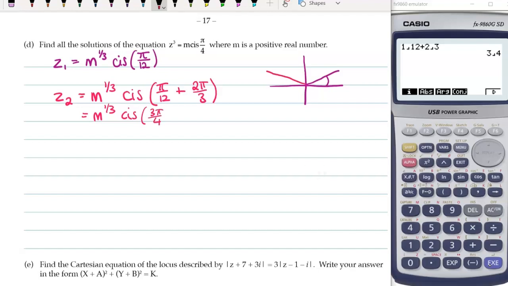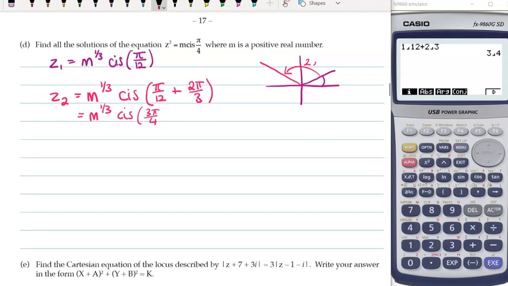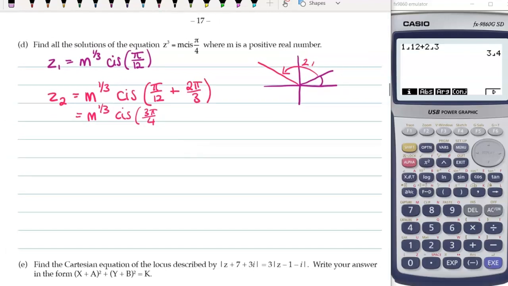So we're kind of like that much. All right, so this gap here is where we've added on 2 pi by 3. Now we need to do that again one more time to get our final one, which will be another 2 pi by 3 around.